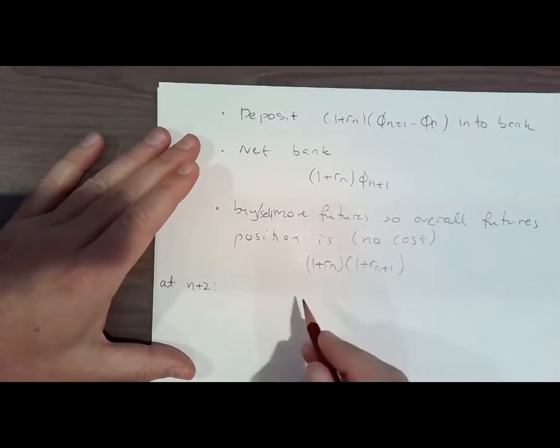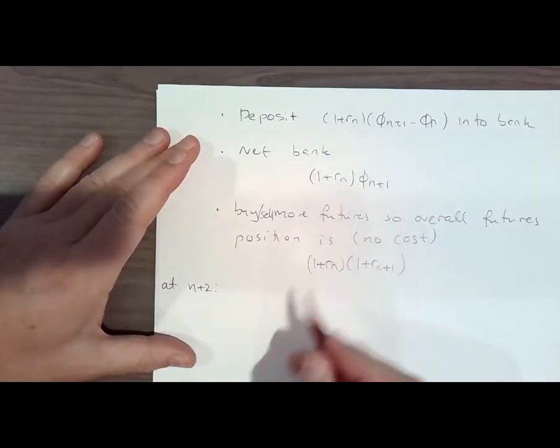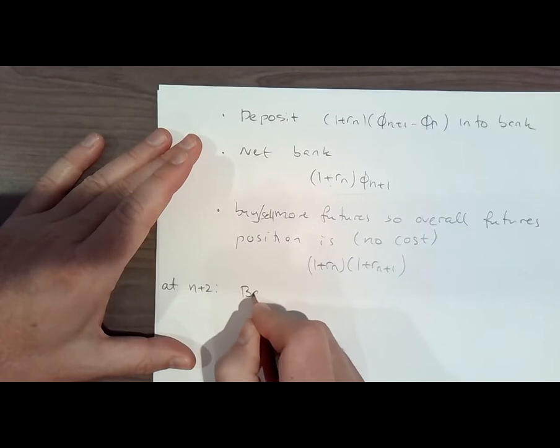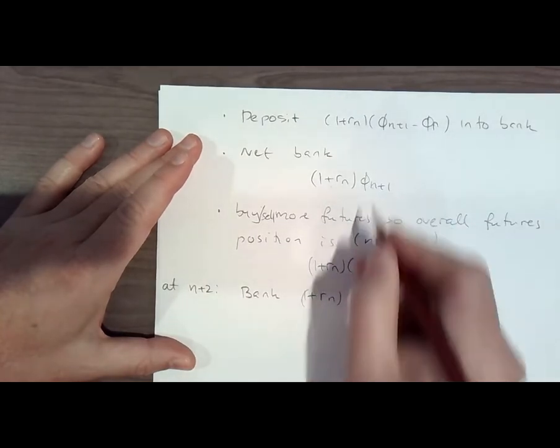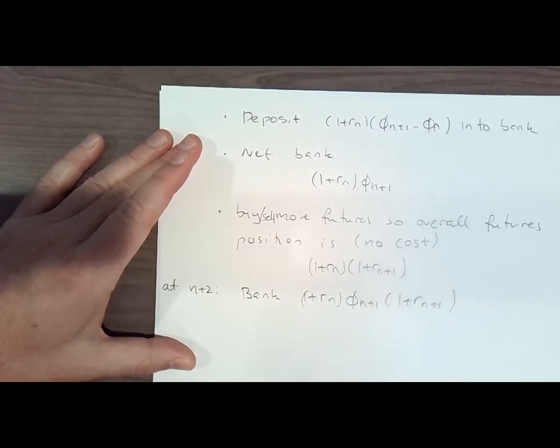At n plus 2, what happens? Well, we have this stuff in our bank from time n plus 1, so we're going to earn interest. So we're going to have in the bank 1 plus Rn times phi n plus 1 times the new interest rate, Rn plus 1.